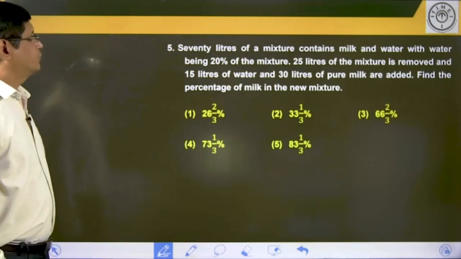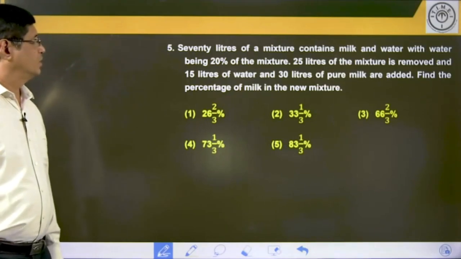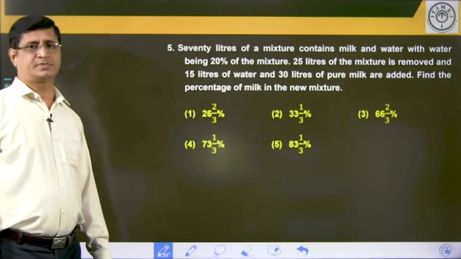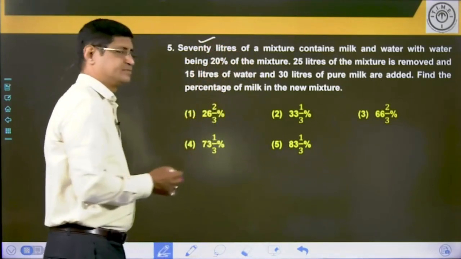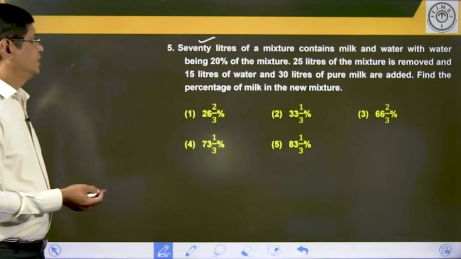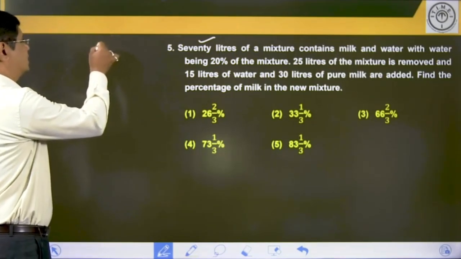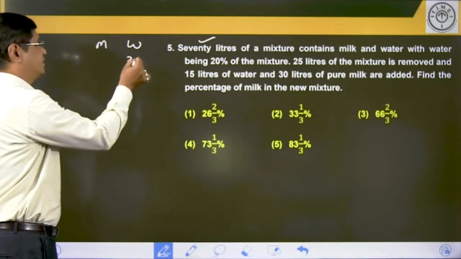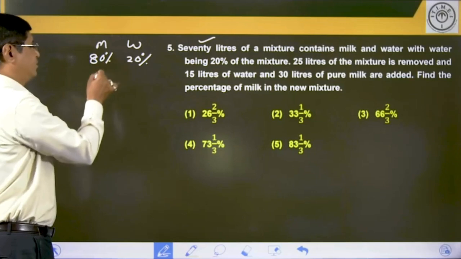70 liters of mixture contains milk and water, with water being 20%. 70 liters of a mixture, that is the total quantity. In that water is 20%. So milk and water, in that 20% is the water, means remaining 80% is the milk.